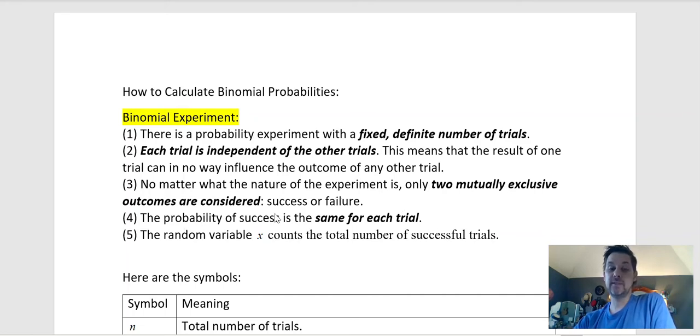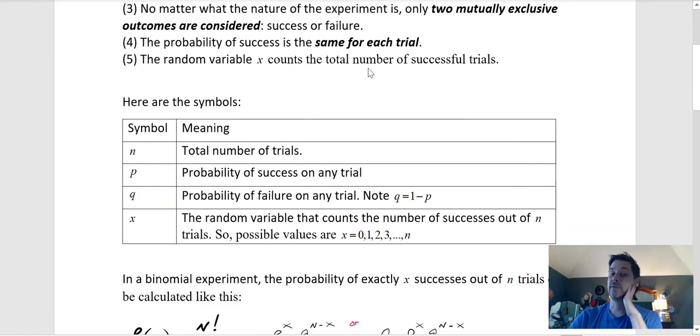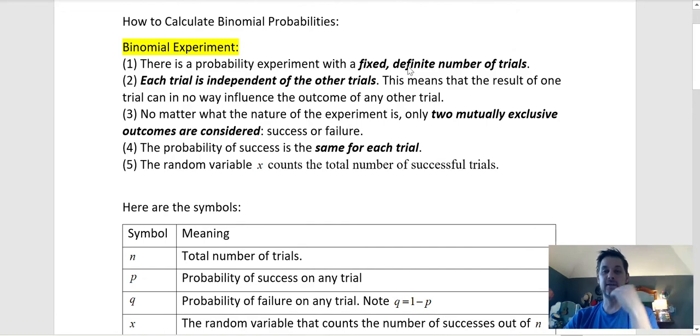And then the probability of success, however you label it, is the same for each trial. As you flip a coin repeatedly, the odds of getting heads, for example, do not change as you continue to flip the coin. The random variable x counts the total number of successes out of the fixed number of trials.